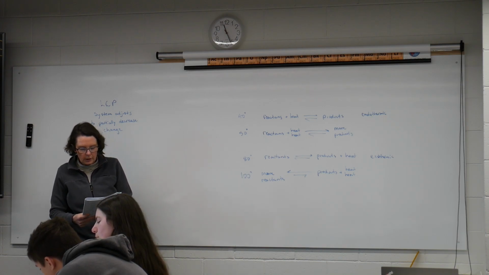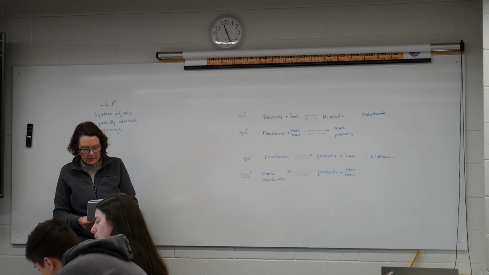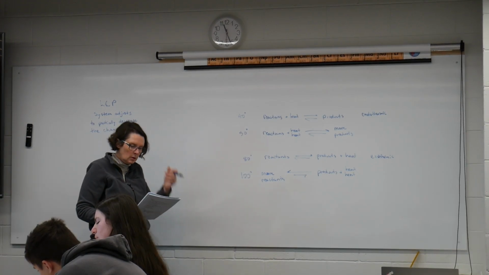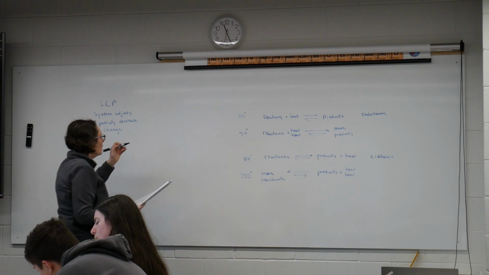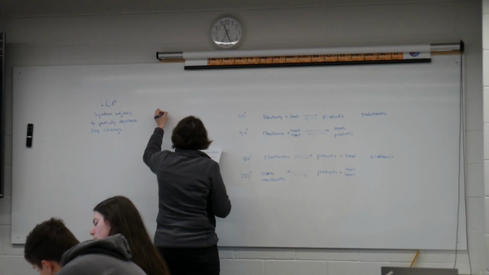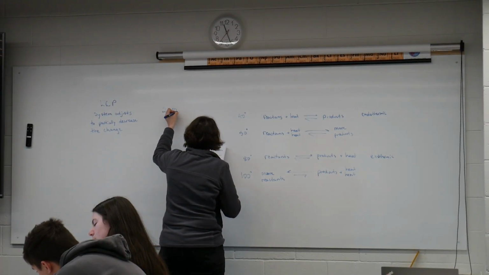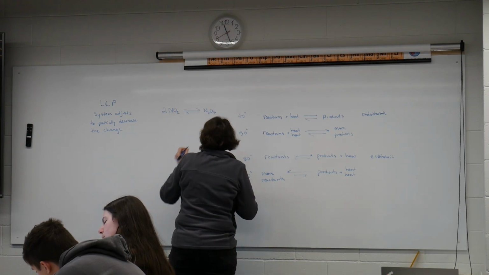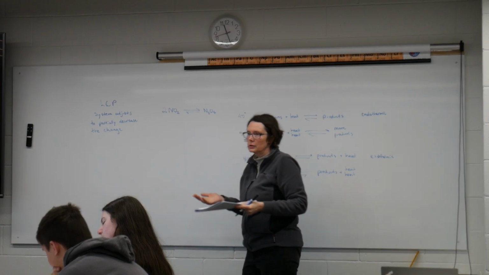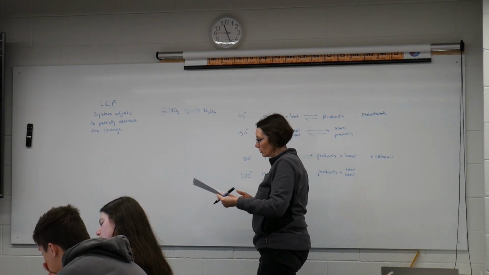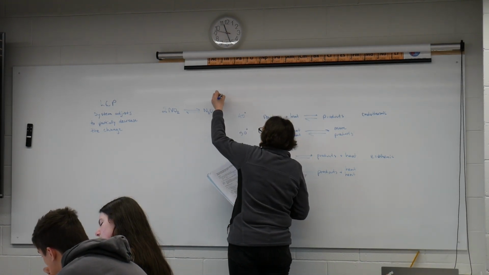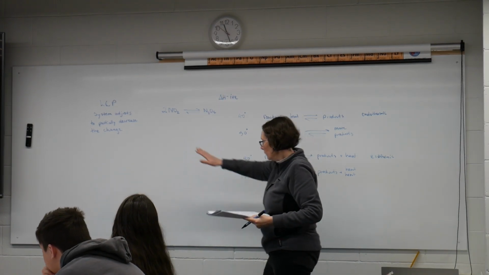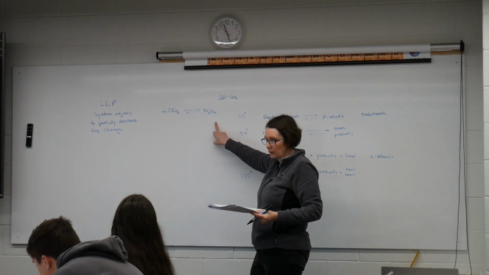So if we look at example 1 on page 24, we've got this equilibrium reaction between nitrogen dioxide and dinitrogen tetroxide. And we're told that the forward reaction is exothermic.